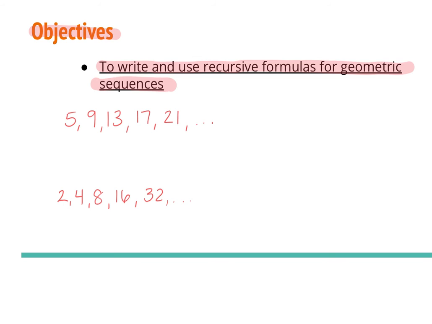It's a long word and it starts with an A. Close. It does involve addition. Arithmetic, okay? We call these arithmetic sequences. And what we were doing in the first one was we were adding 4 each time.